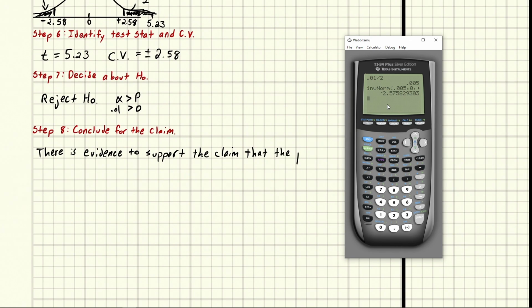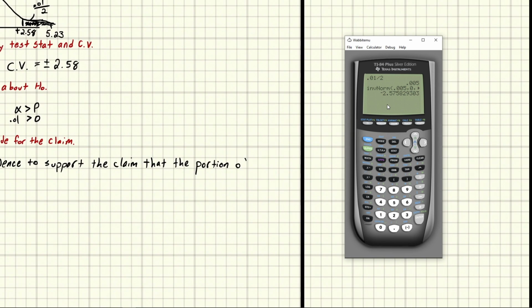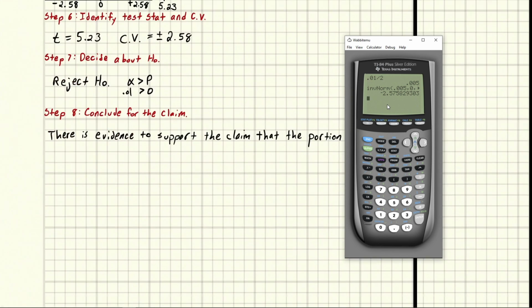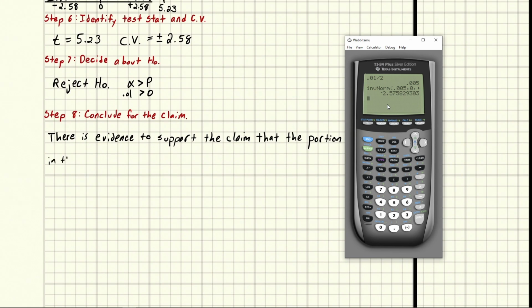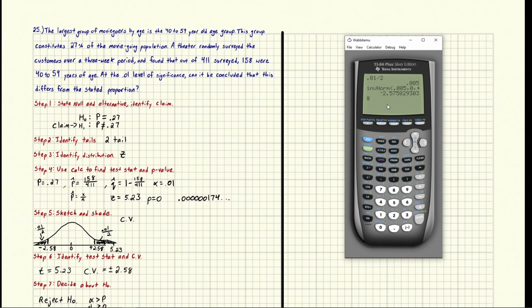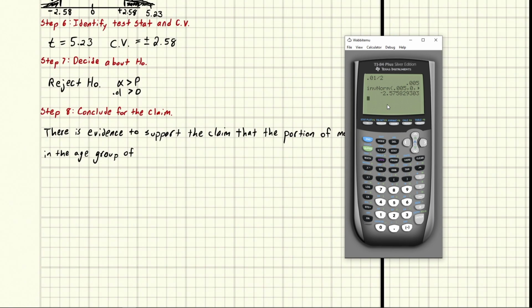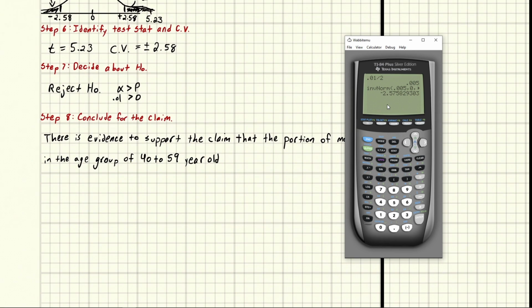that the proportion of moviegoers, right, because that's what we had, moviegoers, in the age group of 40 to 59 year old of the population.